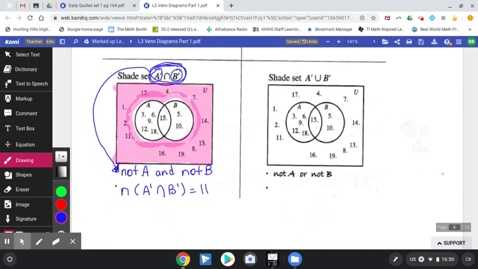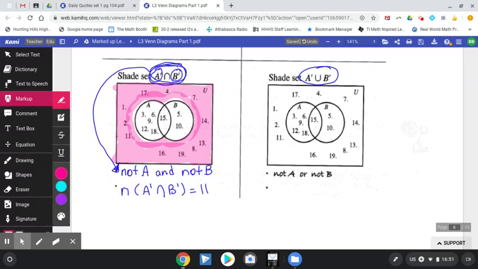And then our last one, again, is a union question. So remember, just think add. I'm going to shade the complement of A and shade the complement of B all with the same color and keep it all because I'm making one big region or one big set from those two sets, combining them together.